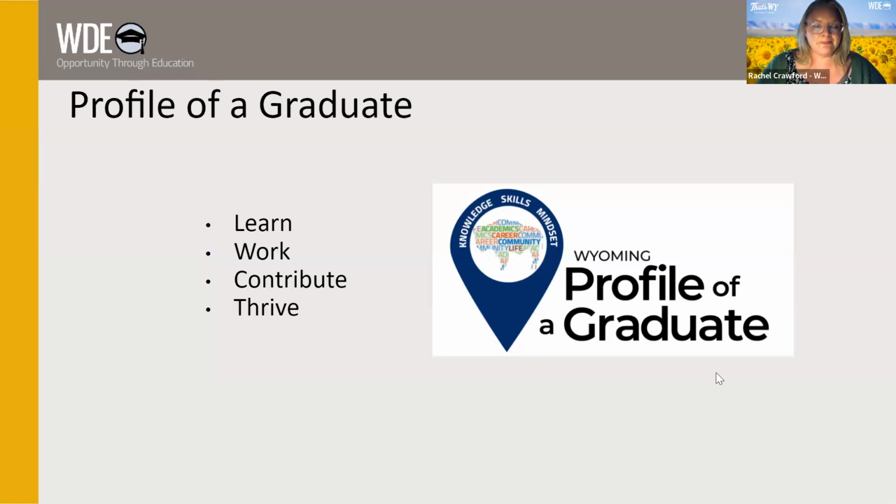And that's why it's very important to align the transition goals, services, and activities to support the acquisition of these skills. One resource that I attached to the end of this slideshow, which will be available later on the web for you to access, is from the Office of Disability Employment Policy. It's Skills to Pay the Bills, and it works through all of the different soft skills starting from 8th grade on.